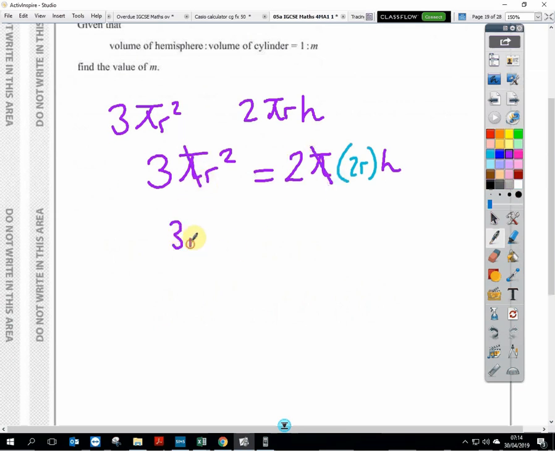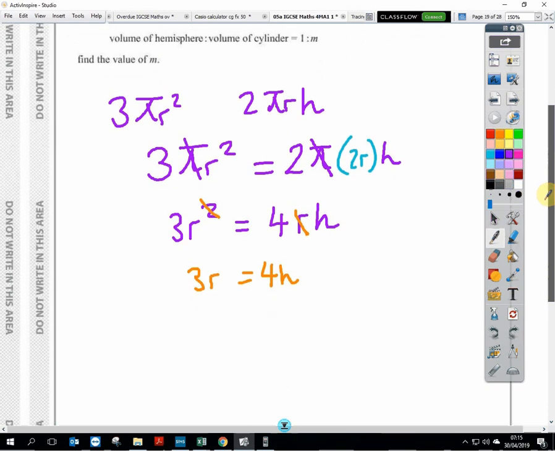You have 3r squared is equal to 2 times 2 is 4, so 4rh. We can cancel an r from both sides, so we're left with 3r equals 4h, and in a moment we can rearrange this, either to make r the subject or to make h the subject. I don't really know just yet. So let's have a look.